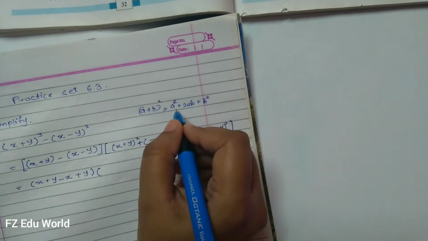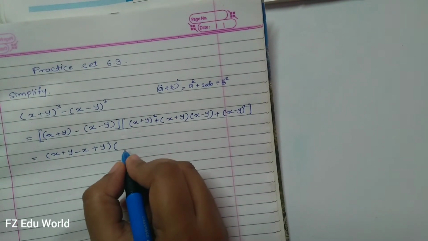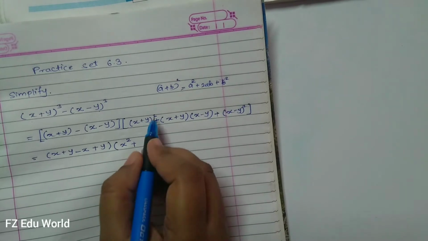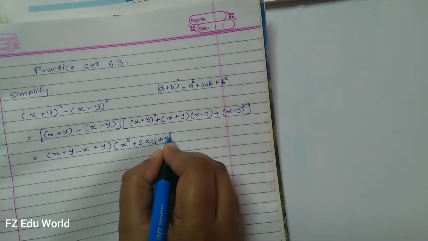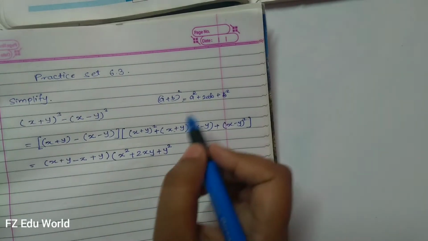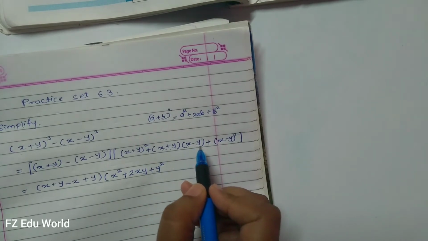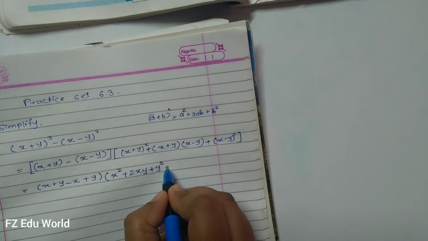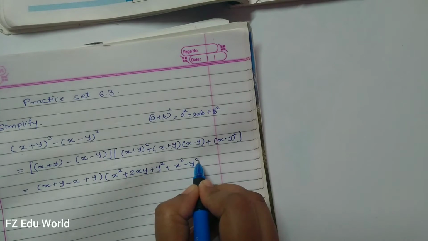This formula we will apply here. So x square plus 2xy plus y square. Now this (x plus y)(x minus y), this will be plus x square minus y square.